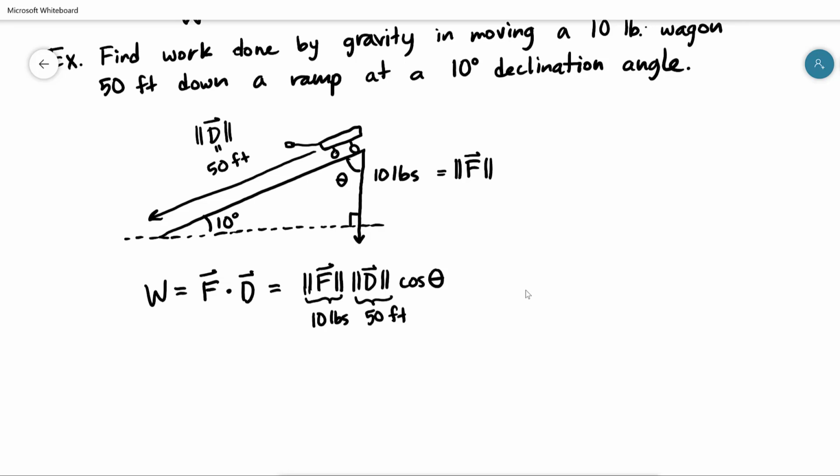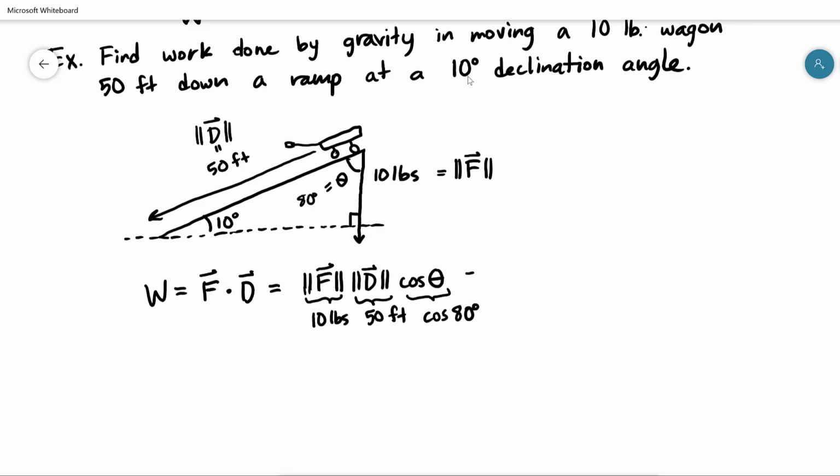And I just need to know what the angle theta is. What is this angle theta? Well, I know the three angles in my triangle need to add up to 180 degrees. I've got 90 of them taken care of here, 10 of them here. That's 100 degrees. That leaves this angle to be 80 degrees. And so this must be the cosine of 80 degrees.